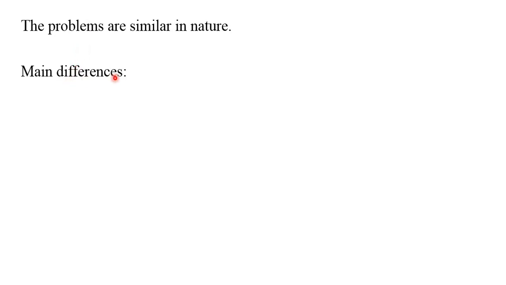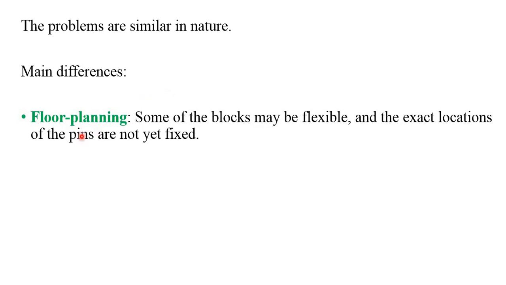See here, the main difference is that in a floor plan, once the block is fixed, we can adjust the block and we can adjust the shape of the block, and the pin location may be changed. That is called a floor plan.